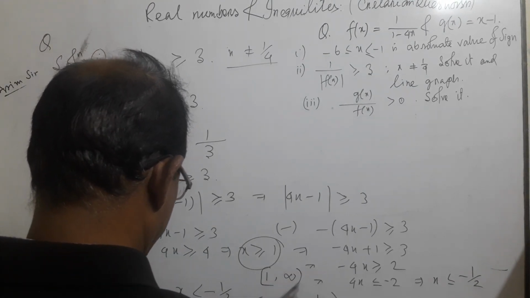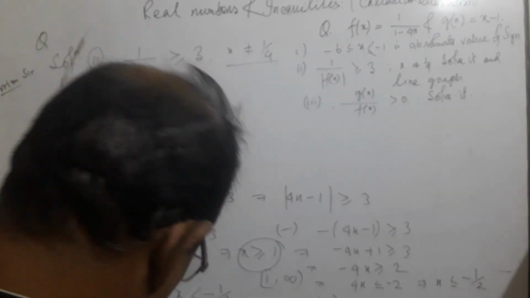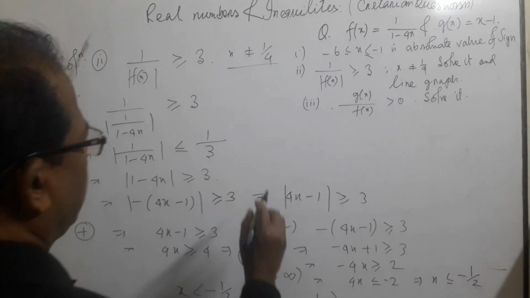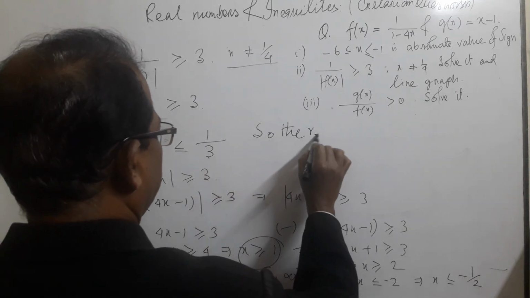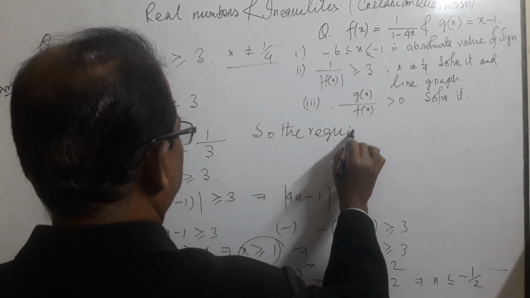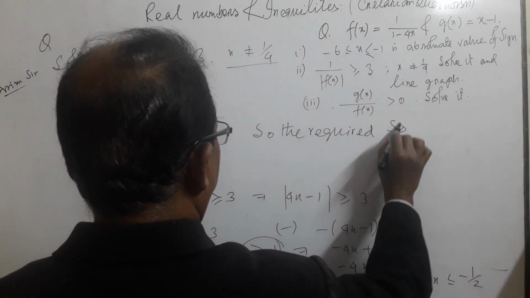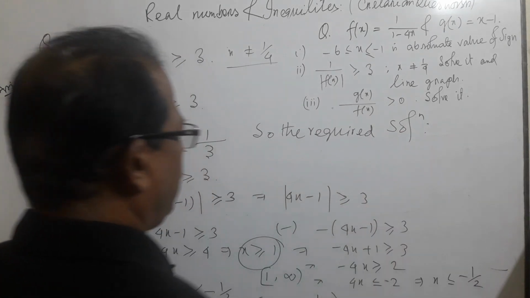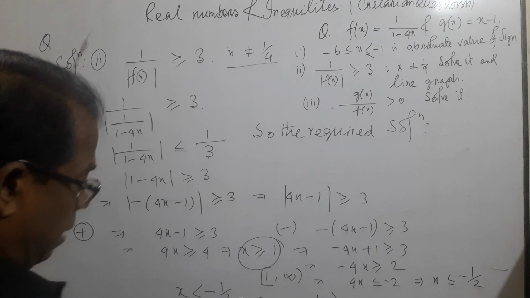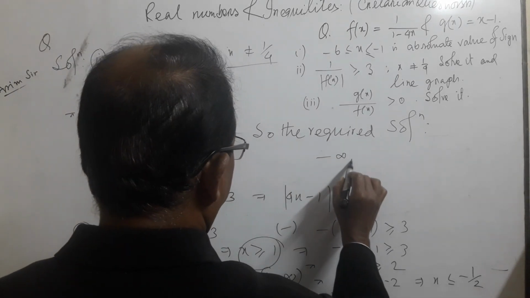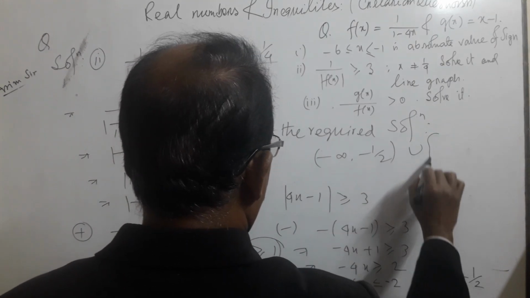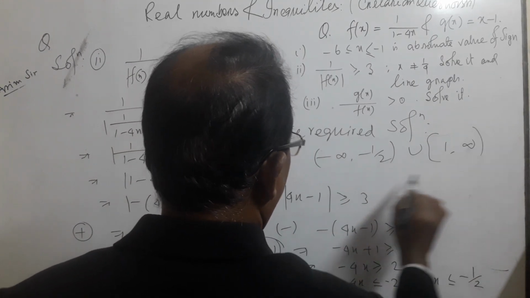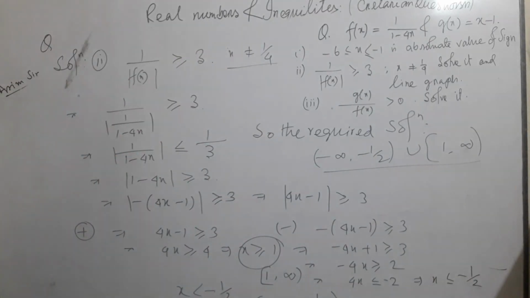That box is open. So the required solution or line graph: minus infinity to minus half union 1 to infinity is the required solution or required system.